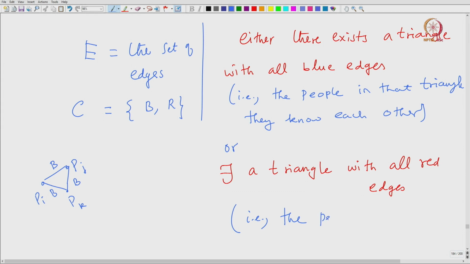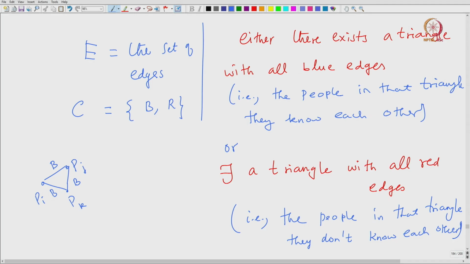The people in that triangle, they are strangers to each other, they do not know each other. And this is what we need to actually guarantee.